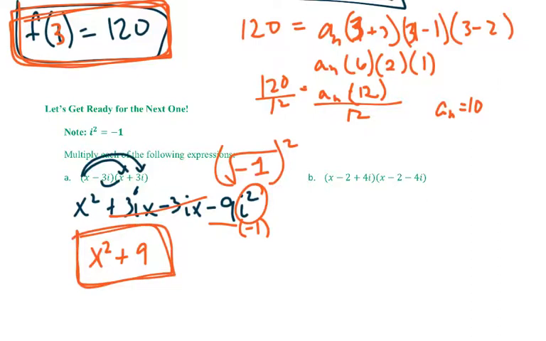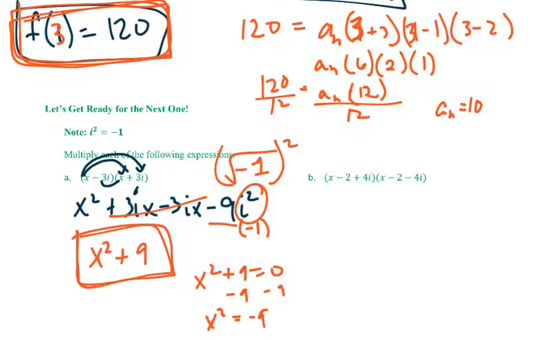And if you solve x squared plus 9 equals 0, you subtract 9 from both sides, you get x squared equals negative 9. And when you take the square root, you'd be taking plus or minus the square root of negative 9, which is going to be plus or minus 3i.